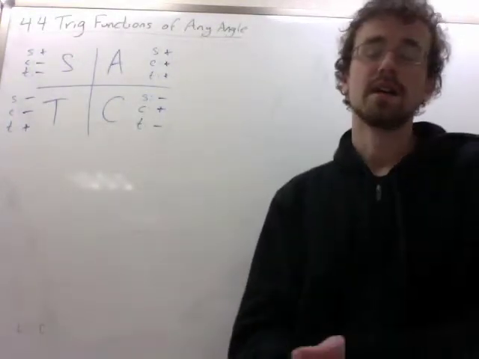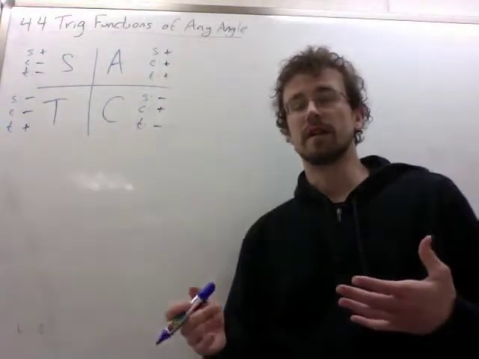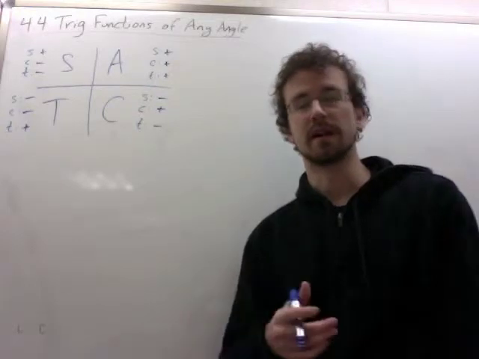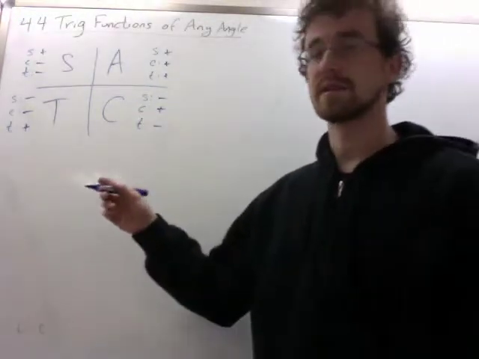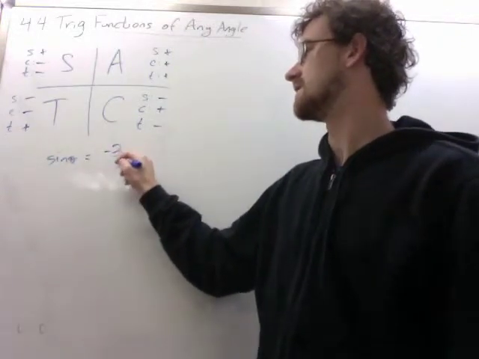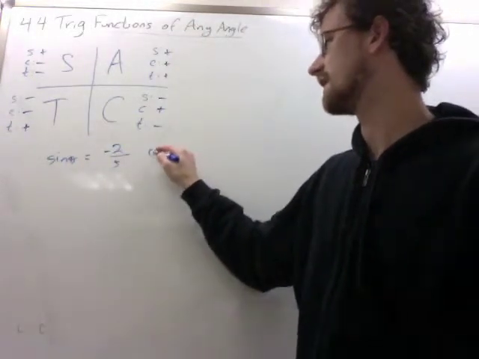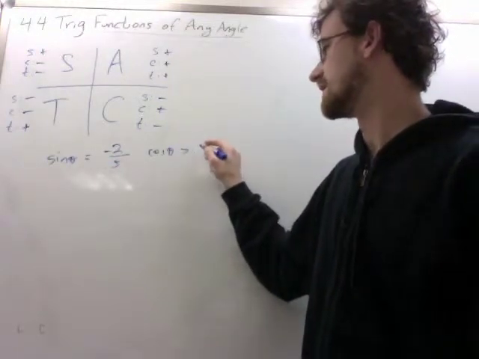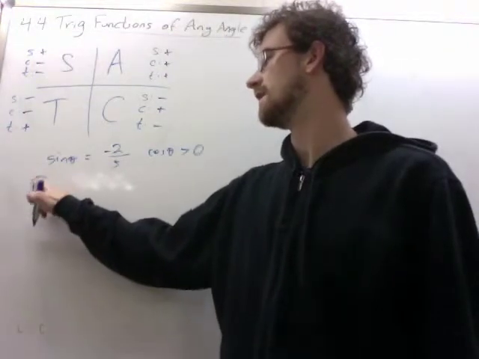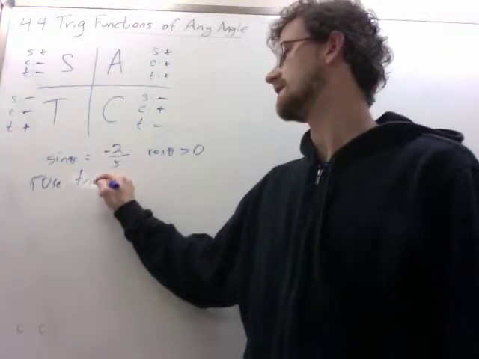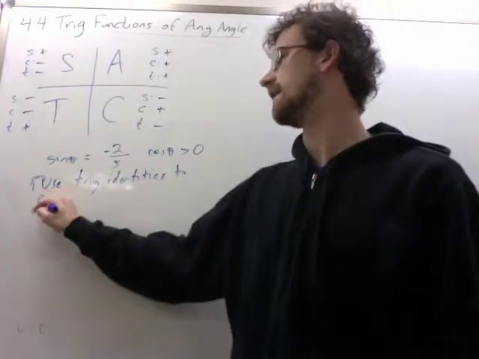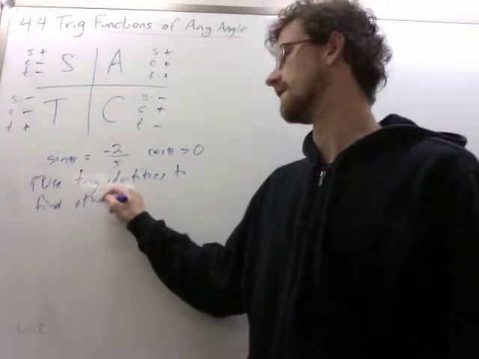We can use that to do some problems that we've already done, just we might have angles that are not necessarily first quadrant angles anymore. So for example, if I tell you that sine of theta is -2/5, and I tell you that cosine theta is positive, and I say use trig identities to find the other 5 trig functions.